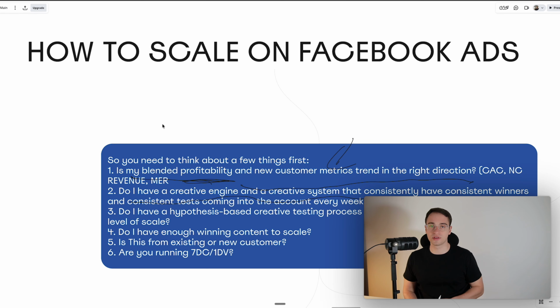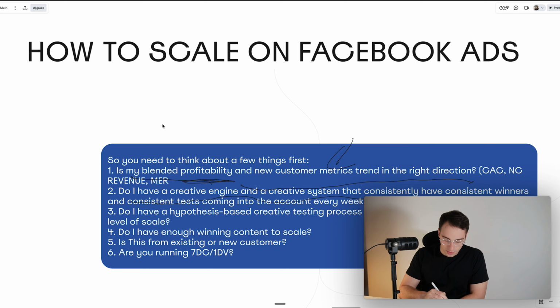But you need to have this at the back of your mind, because you want to do this with a completely different strategy. You're going to be increasing by maybe 20-30%, a bit more gradually. You also need to start thinking about how you can bring in more creatives, because if you don't have that and you start scaling hard, in a couple of days you're going to be in the same position.